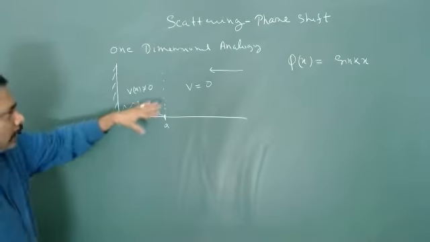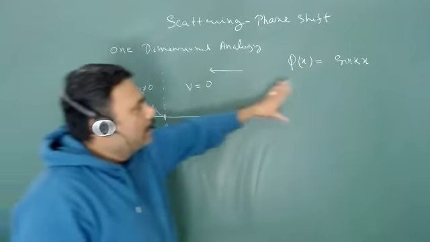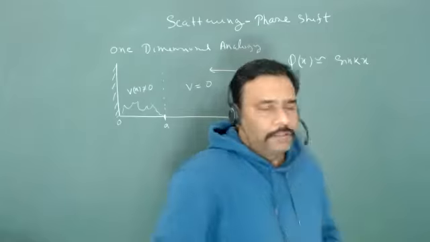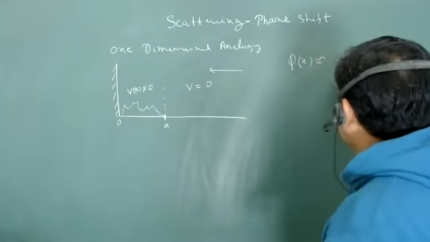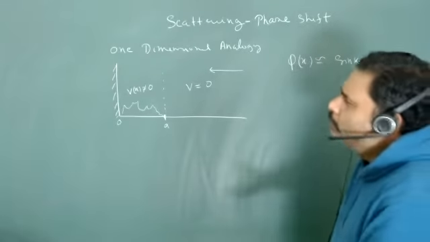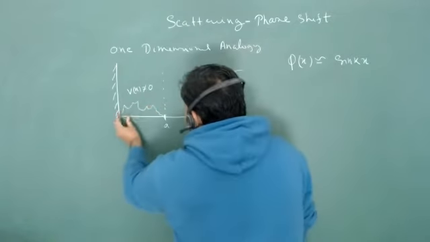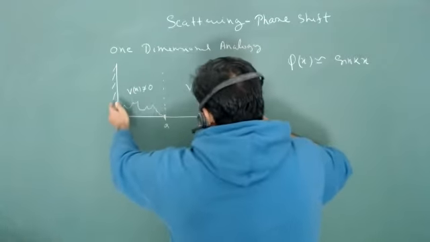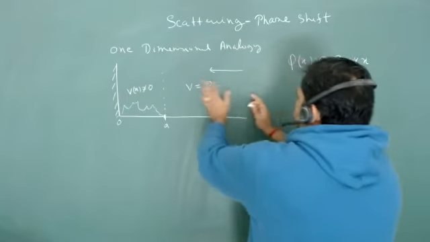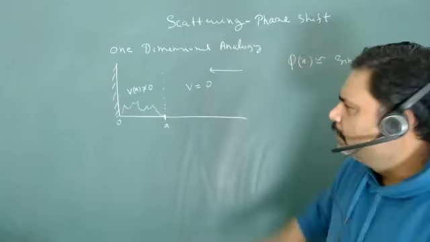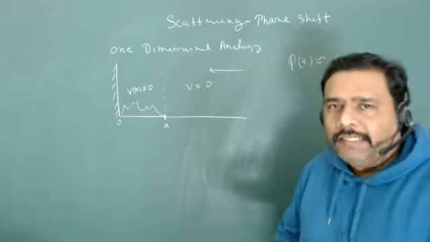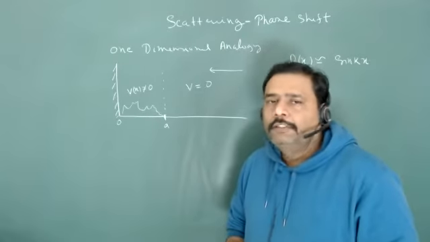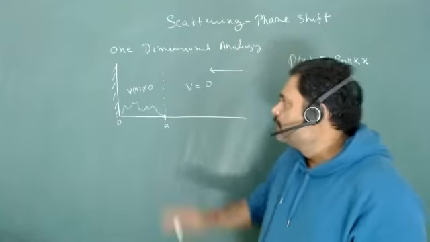So we assume that we can take approximately the solution, not the exact solution. We can take approximately the solution in this range as sin kx, because we assume that if this thing is very small, then my wave function must decay at x is equal to 0. And we have a sinusoidal wave function here because my potential is 0. You have either a sine function or a cos function, isn't it?